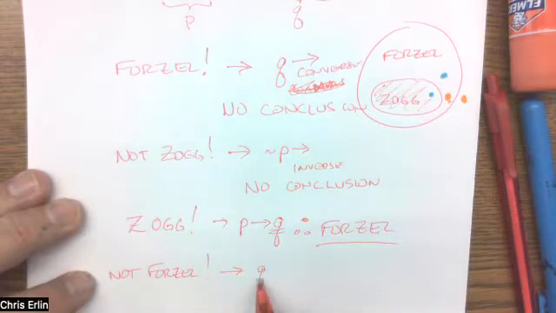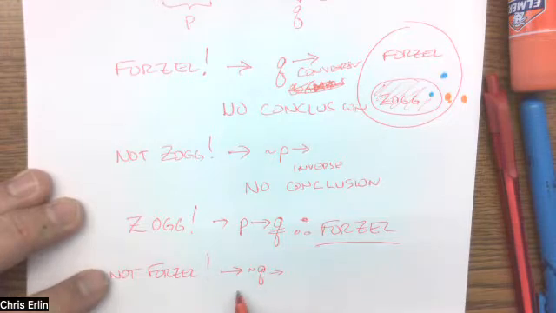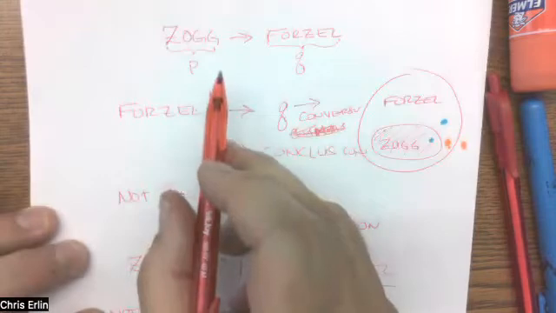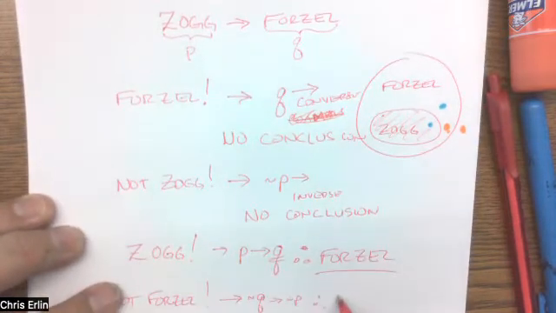Well, that's the Q, and we're doing the opposite of it, not Q. Which structure begins with not Q? Contrapositive, good. Is that reliable or mystery meat? It's reliable. Therefore, what comes after not Q? It leads to not P, which in this case would be not Zog.